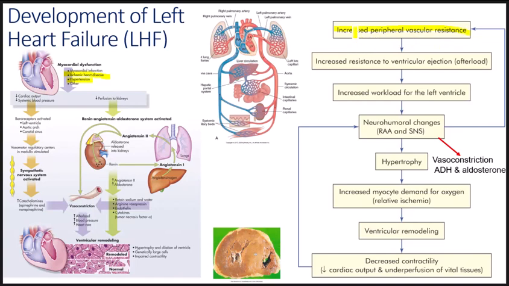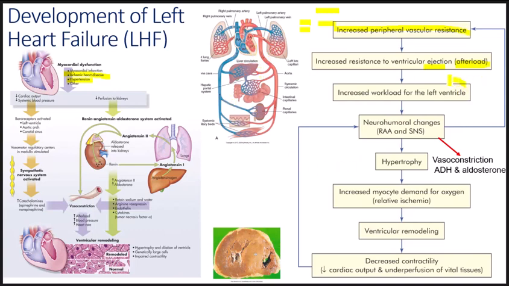Atherosclerosis will increase peripheral vascular resistance, meaning that these narrowed arteries that are hardened because of the atherosclerosis are going to create more resistance of the blood moving through the vessel, meaning that because it's been narrowed compared to, say, this, the blood moving through it has more resistance against the periphery or the walls. I mentioned that this means that we're going to have an increase in afterload. The left ventricle has to work so much harder just to eject the normal amount of blood.